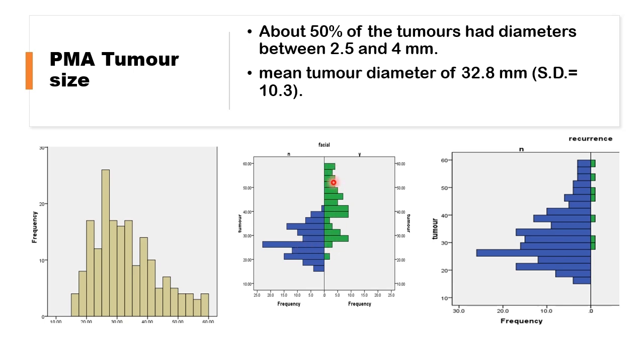You would always find a branch of the facial nerve in close proximity, requiring dissection of the capsule itself. And if you take this one step further, the size of the tumor against the recurrences, you would also see the same pattern. Recurrences would happen with larger tumors, mainly the tumors that required facial nerve dissection of the capsule of the tumor.